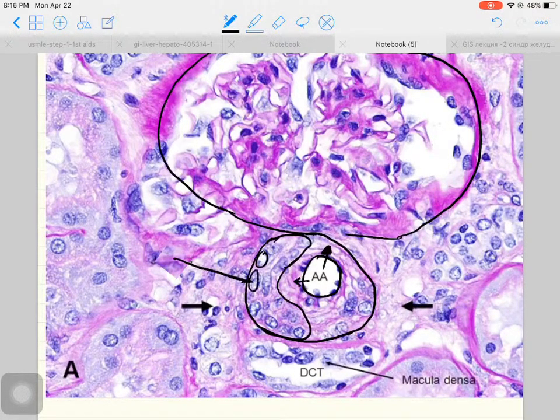These are the nuclei. So these are the juxtaglomerular cells, and near this we have the distal convoluted tubule, having special type of cells, and these cells are responsible for sensation of sodium concentration, and these cells are the macula densa.